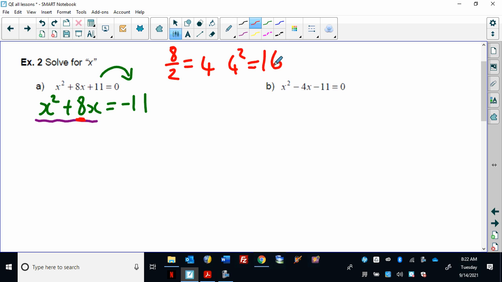And once again, I always do it in these 2 steps, even though you could do it in 1, because this number here turns out to be the answer, or part of the answer, let's say. So turn it into a perfect square trinomial by adding 16 to both sides of the equation.